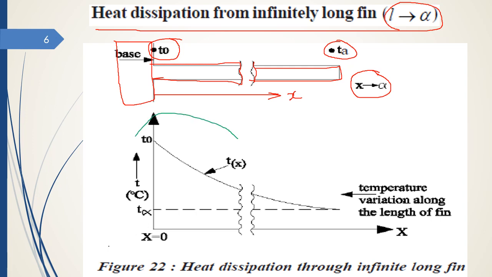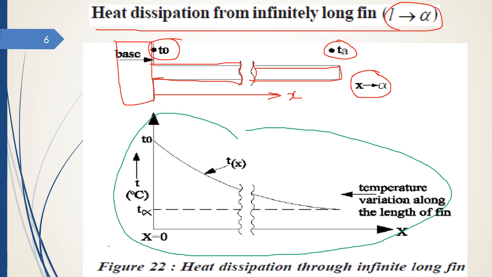The second figure is the figure of temperature variation. You can see that at the base the temperature is highest. As the length increases, the temperature drops, and when the length tends to infinite, when we are at infinite distance, the temperature is T infinite, and that temperature T infinite is almost equal to Ta.